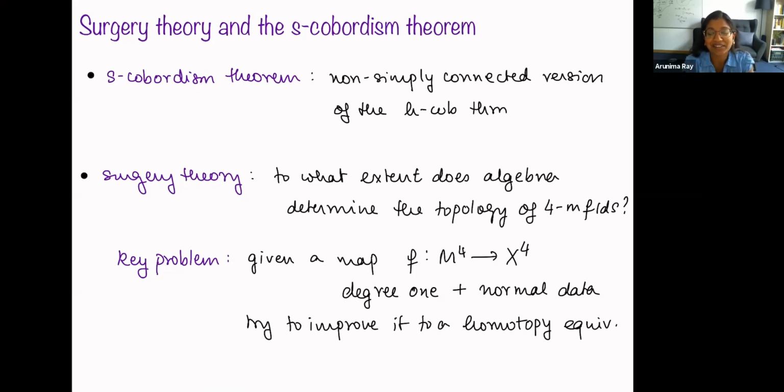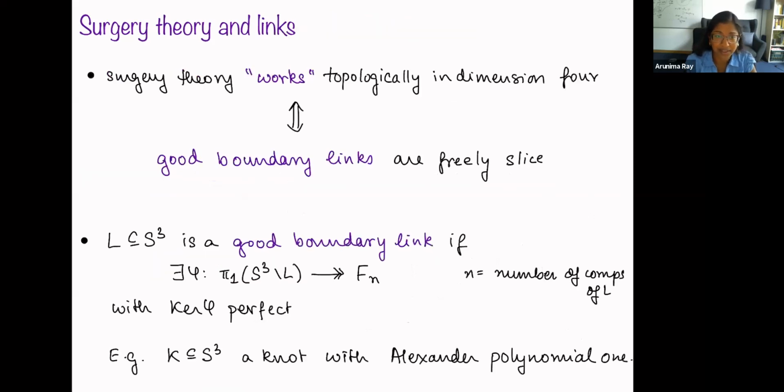But both of these are extremely powerful tools in high dimensions, and the disc embedding theorem allows us to use them in the topological category in dimension 4. And then, as always, there's a restriction to good fundamental groups for this. Okay, so feel free to ask more about this later, but I won't continue with it right now.